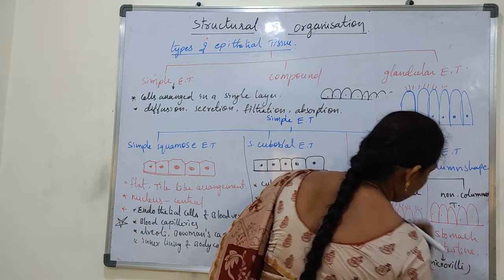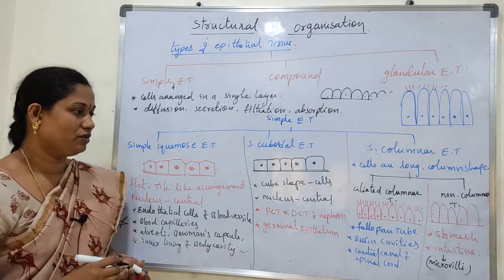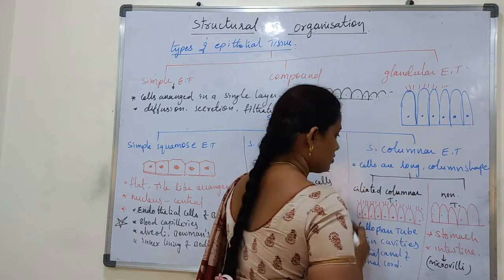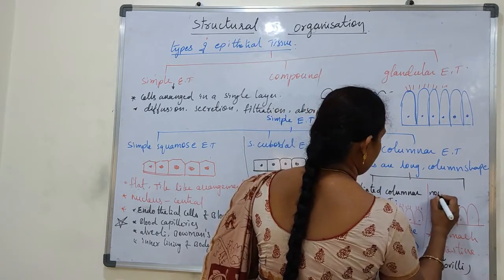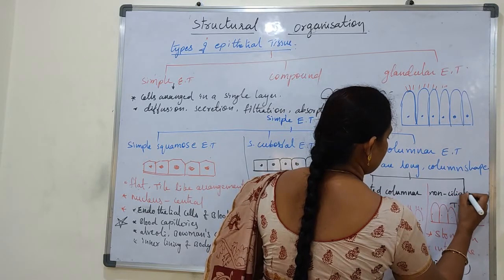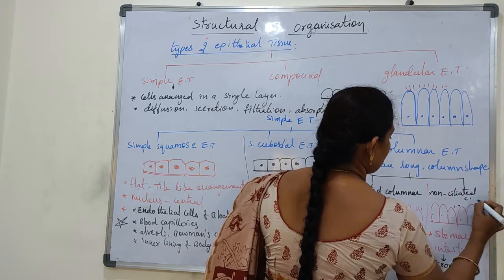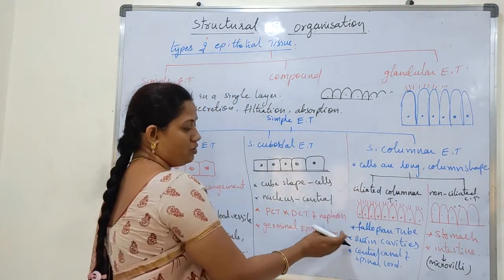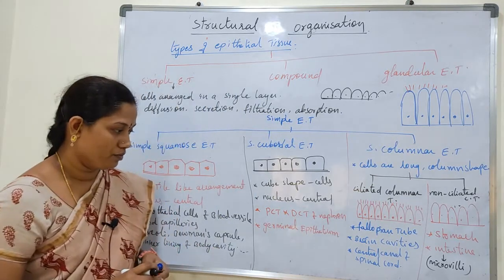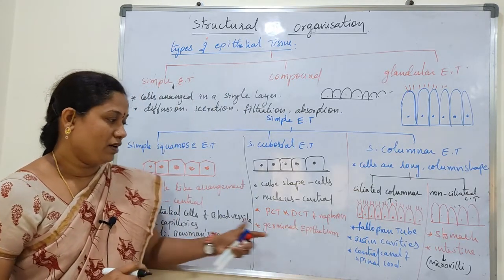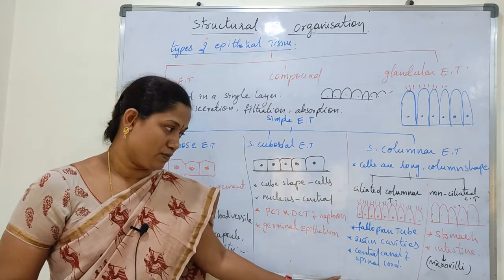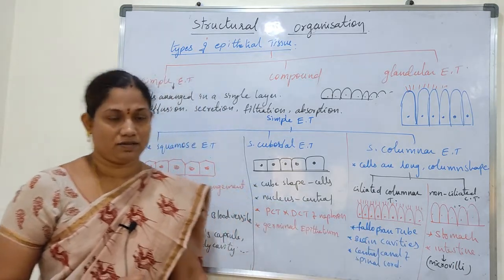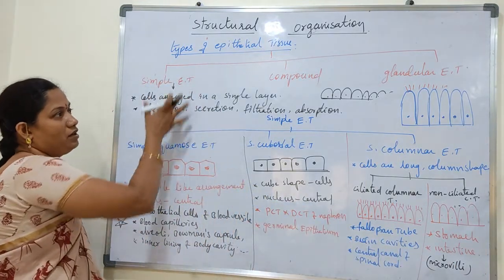Sorry, this is non-ciliated columnar tissue. Ciliated columnar tissue is present in the fallopian tube, brain cavities and central canal of spinal cord. Non-ciliated epithelial tissue is present in the stomach and intestine. So this is simple epithelial tissue.